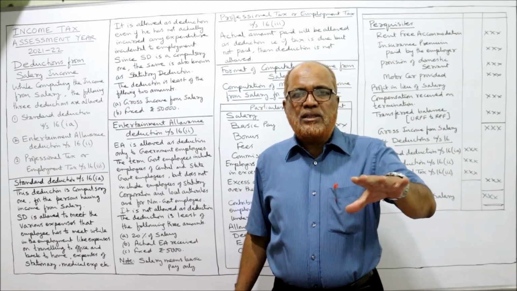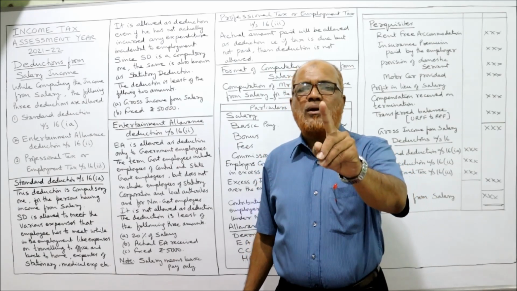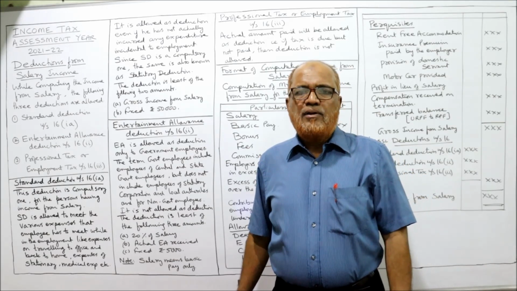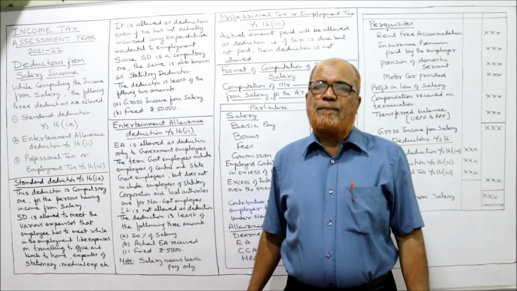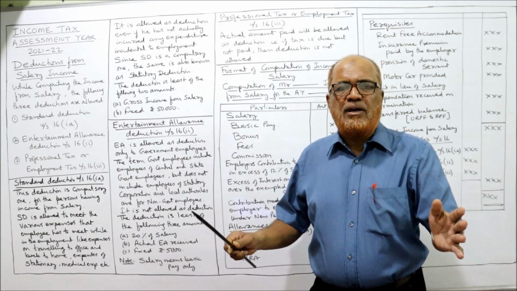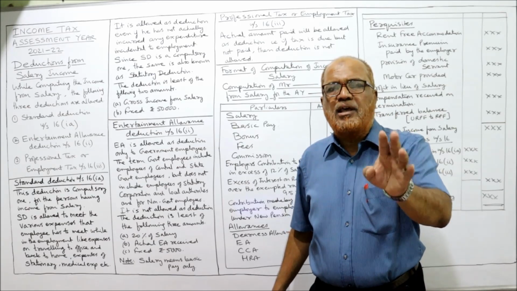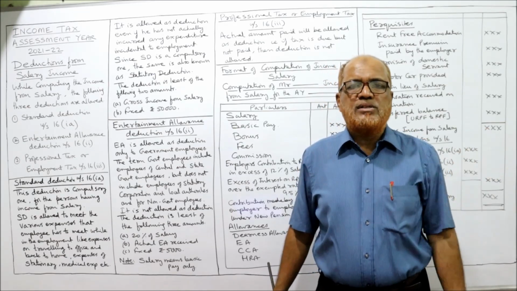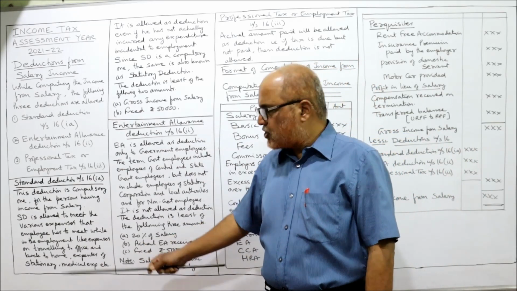To meet all these incidental expenses, the Income Tax Act has given one common deduction. The deduction will not be given specifically for a particular expenditure. The Income Tax Act says one common deduction will be given, whether you have incurred the expenditure or not, irrelevant. Every assessee who has income from salary will be allowed a standard deduction.